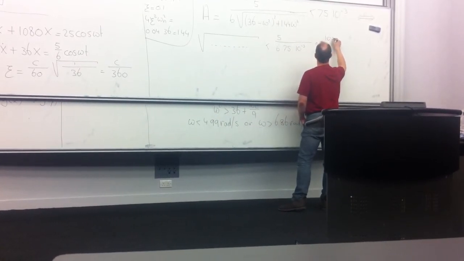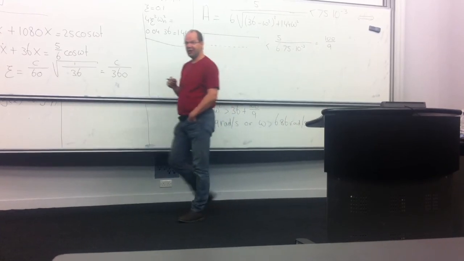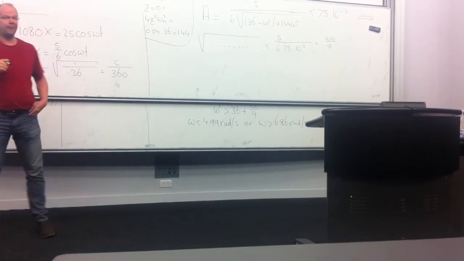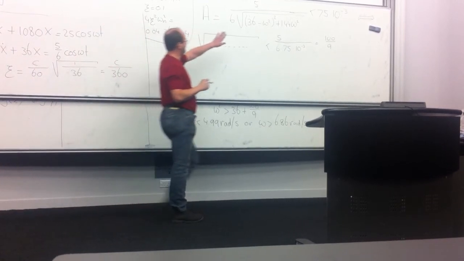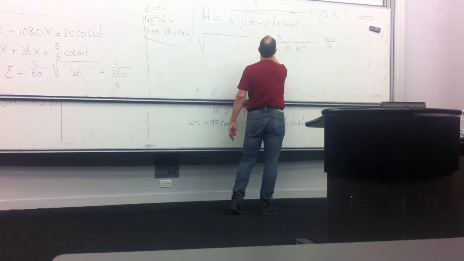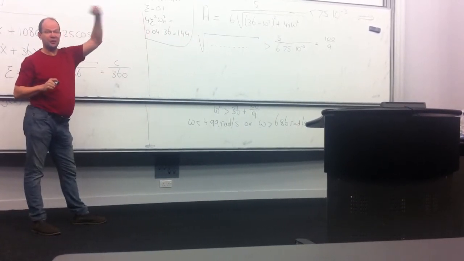And we've just seen that that is equal to 100 divided by 9. Should the inequality be switched around? Yes. Thank you. Larger. And the square root goes to the other side.